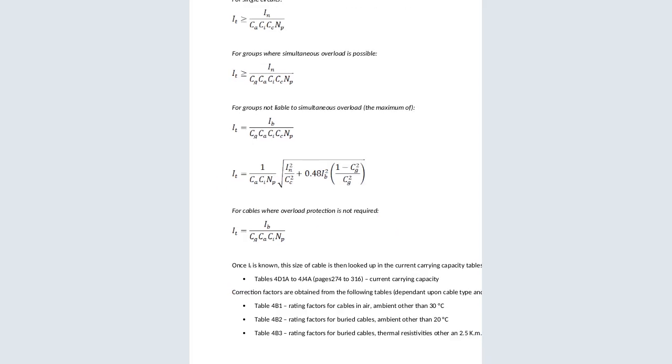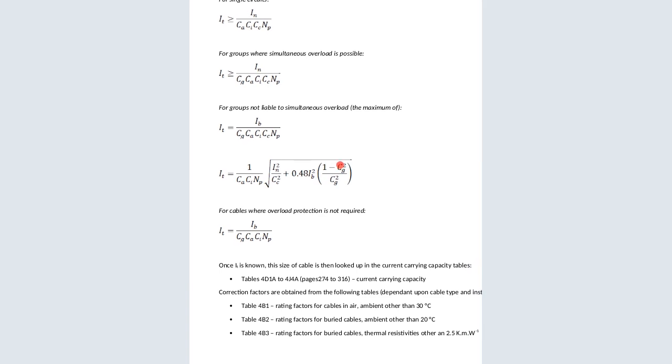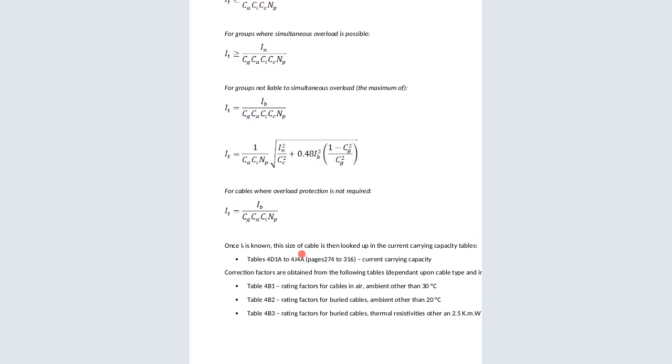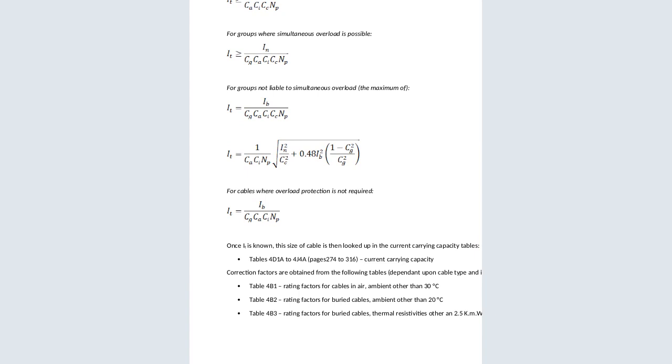So for single circuits, you can see that IT is greater than or equal to IN, and we already said what IN is, and these things can be measured. For groups where simultaneous overload is possible, then IT should be greater than or equal to IN over the correction factors we've calculated there. So for groups not liable to simultaneous overload, the IT is given by the maximum of the formula.